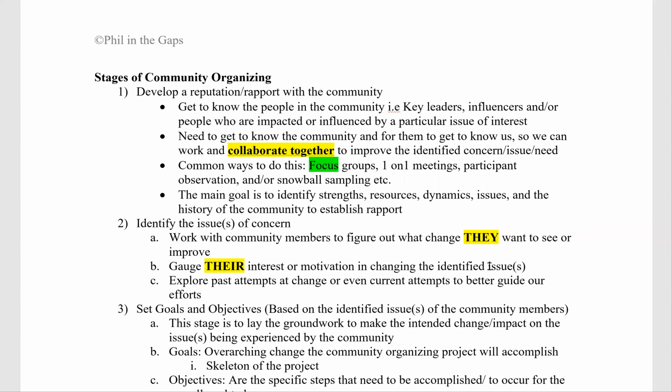And the main thing that we can do to help identify and assess particular issues is explore previous attempts at change or even current attempts to guide our efforts. Because if somebody is currently doing what you want to do, the easiest way to learn how to improve is to see what the gaps are within the process. And if it's something that's already been completed, we can tell the community, hey, we've been researching what was particularly done before.